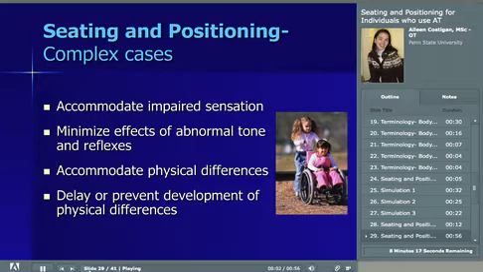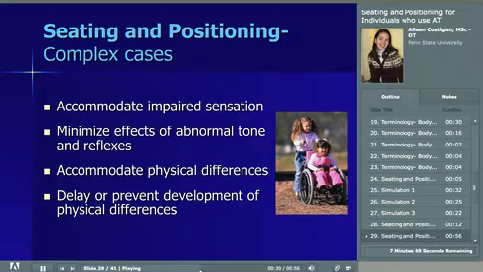For more complex cases, the 3 overall goals discussed in the previous slide are addressed, but other goals are also of concern. These are the accommodation of impaired sensory abilities, the accommodation of and reduction of the effects of abnormal muscle tone and reflexes, the accommodation of structural physical differences, and the delay or prevention of further structural physical differences.